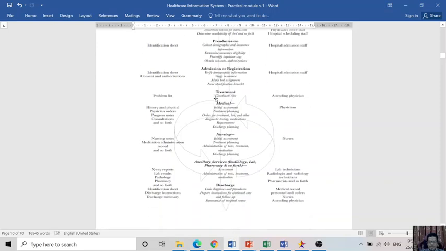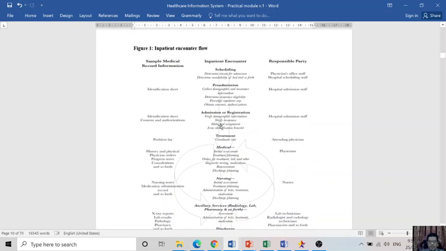The middle lane is the process. So the left side is the data involved during the process. The right lane is the actor or responsible party involved during the process.